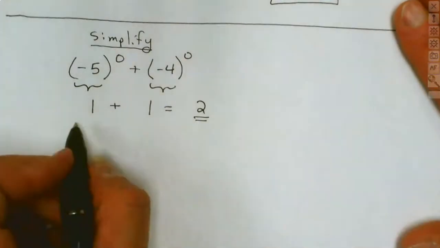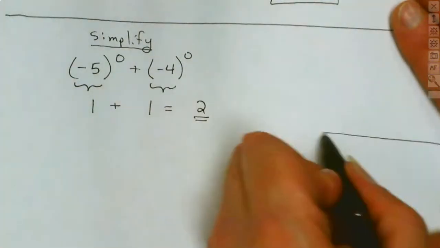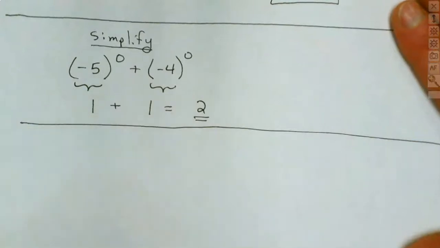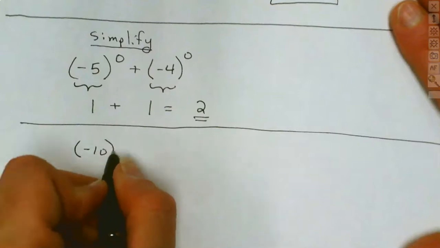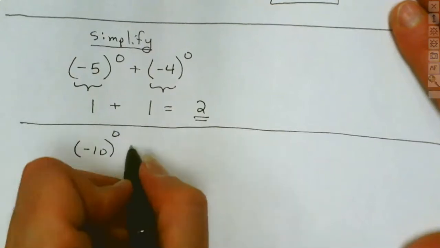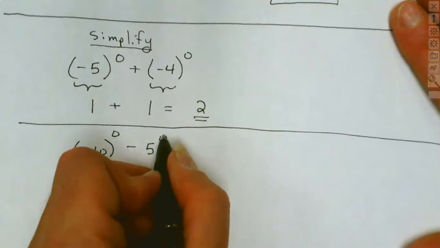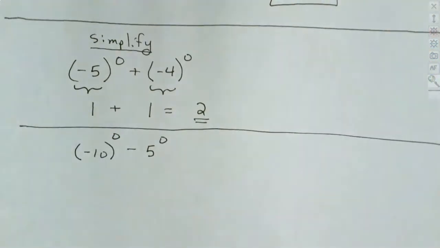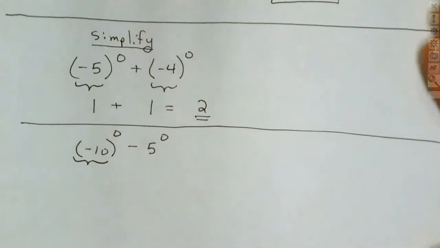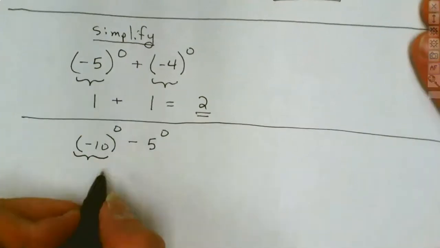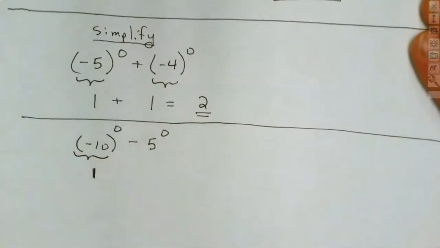Let's try one more of these. Again, very similar. Let's say I put a negative in a different place. What would this one be? Slightly different, we're going to get a different answer here. Well, parentheses tell me negative 10 to the 0 power. The negative is inside the parentheses, so that would come down as what? 1.